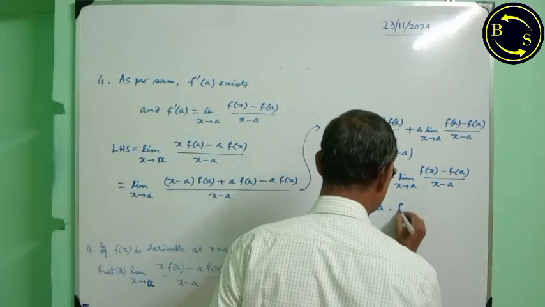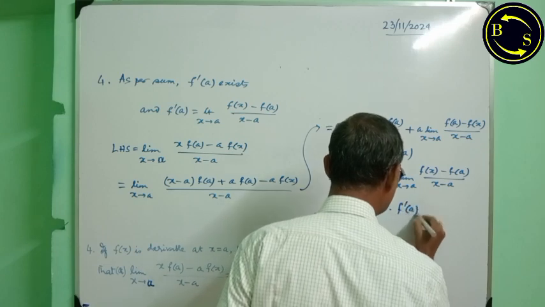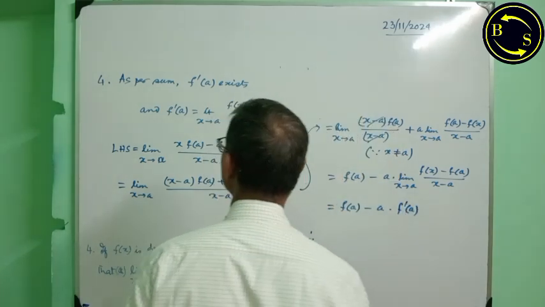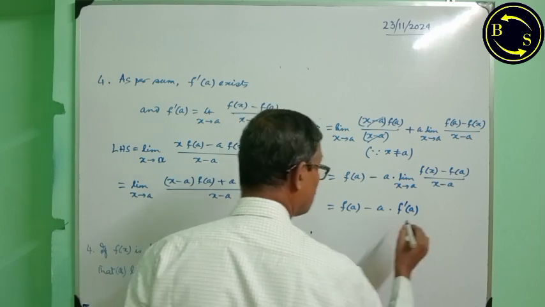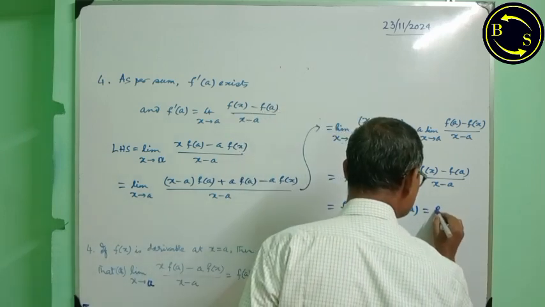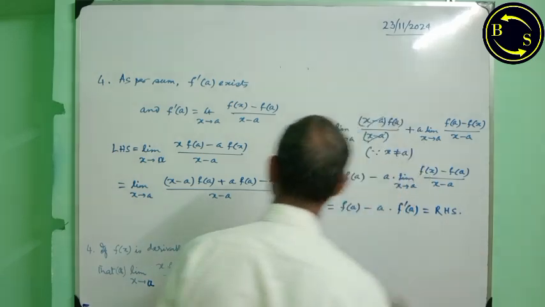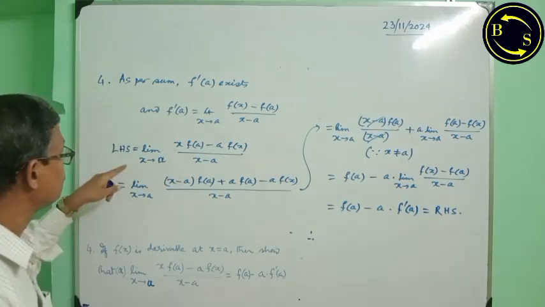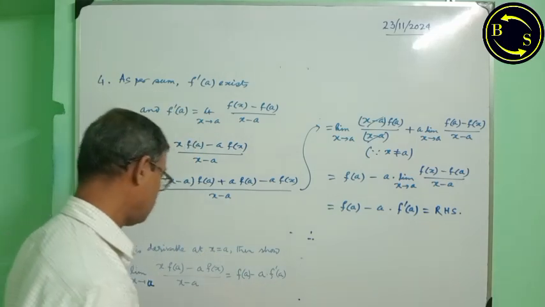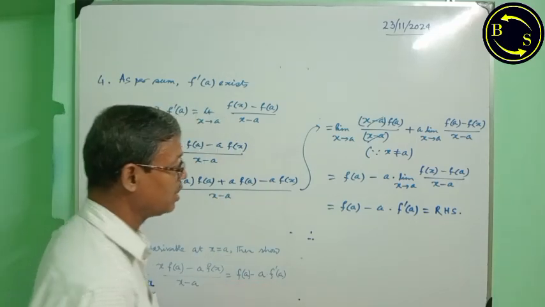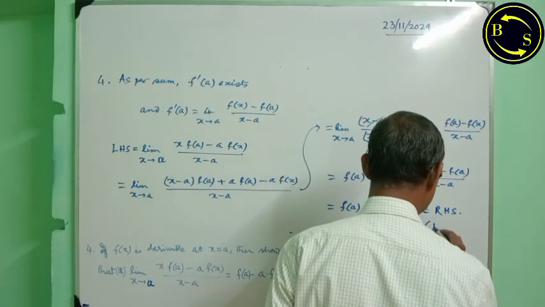Therefore this is f dash a. Therefore I can write the final step like this: RHS. Already I started from LHS part and got the right hand side part, fa minus a f dash a. Therefore the sum is solved.